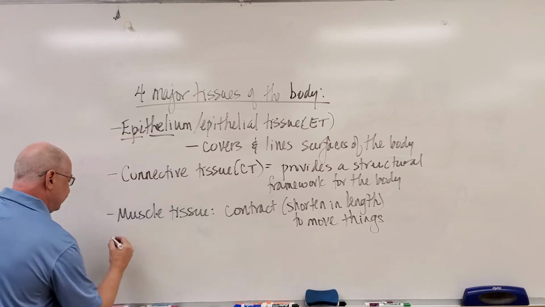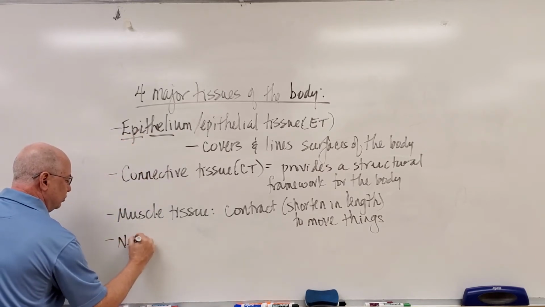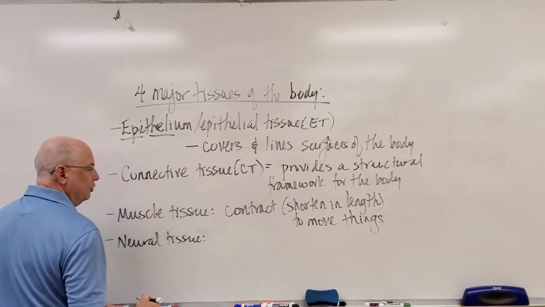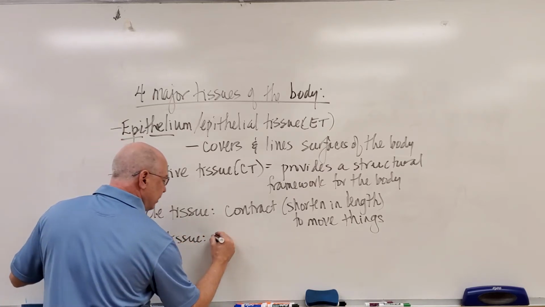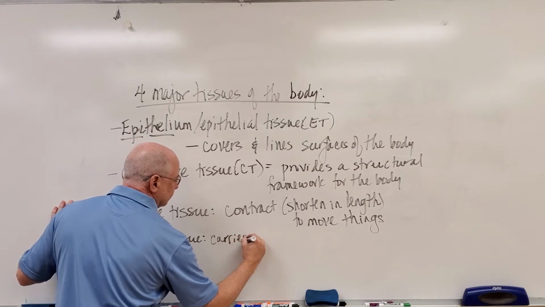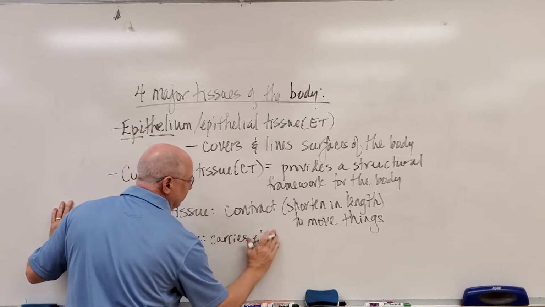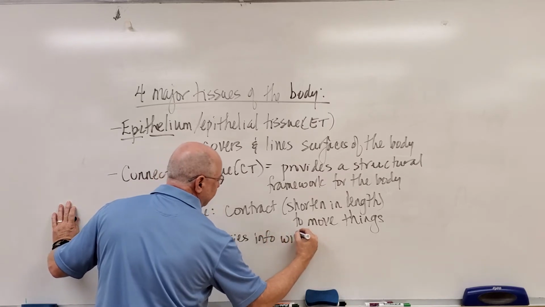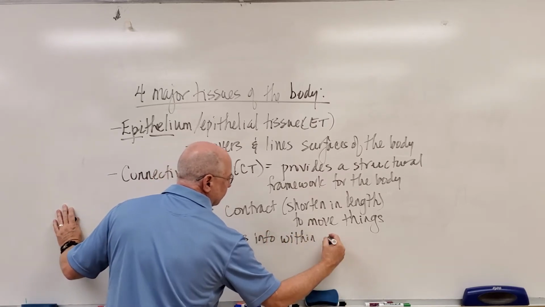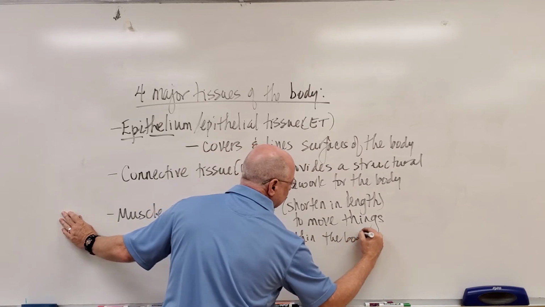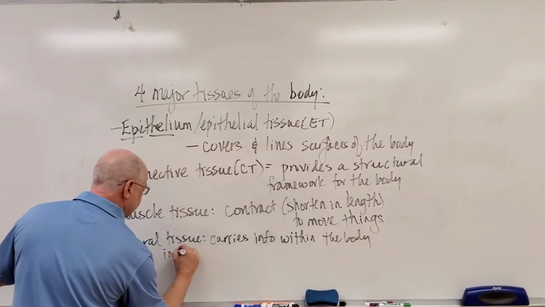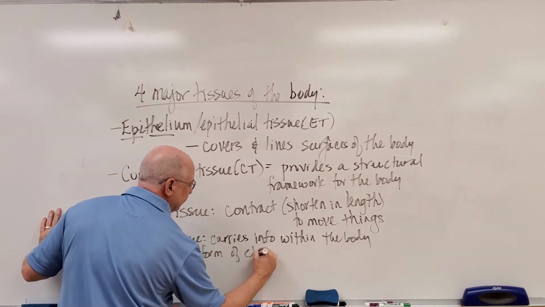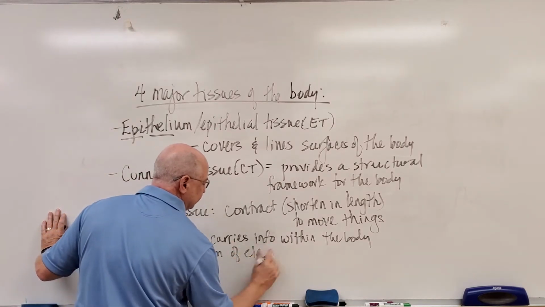The last kind of tissue we can talk about is called neural tissue. Your nervous system. Neural tissue carries information within the body in the form of what we call electrical impulses.